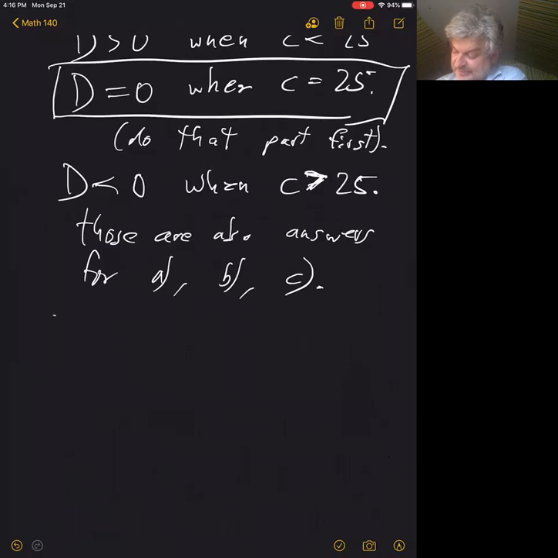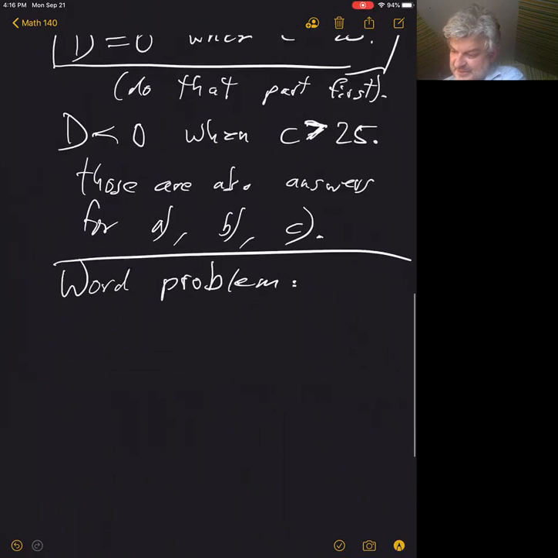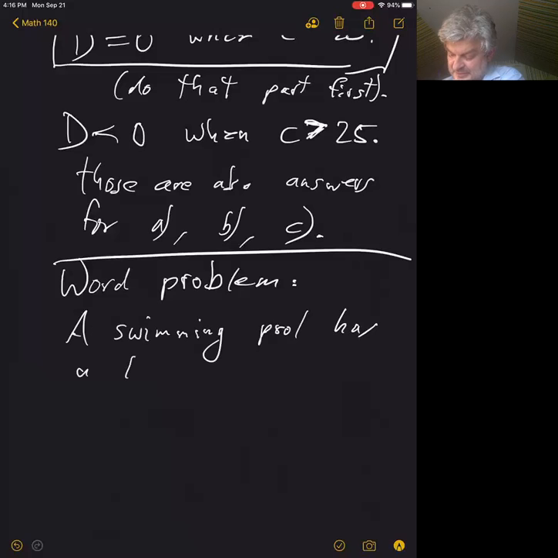Second item, a word problem. So I stole this from Alex. A swimming pool has a length which is 7 feet less than 3 times the width.